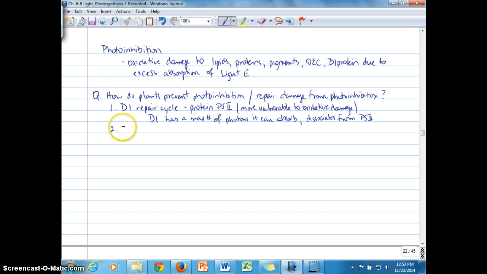Another mechanism in place is that there are protein kinases within the thylakoid membrane. And these protein kinases nearby photosystem 2 will sense the ratio of reduced to oxidized form of plastoquinone, so the PQH2 to PQ ratio in the thylakoid membrane.